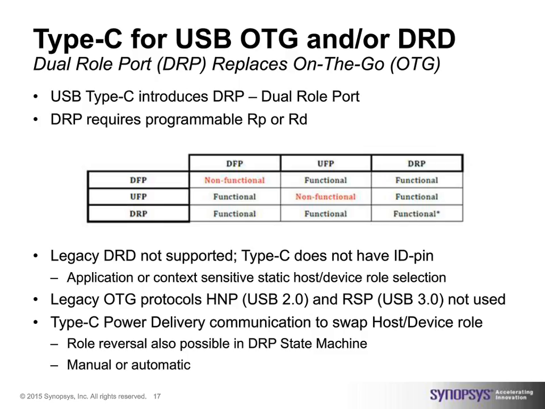Instead, it uses power delivery communication. There are some state machines in the Type C specification that can also be used to do role reversal, and you can do it manually, you can have the user do it, or you can do it automatically depending on context, but none of these are really mapping directly onto On-The-Go.